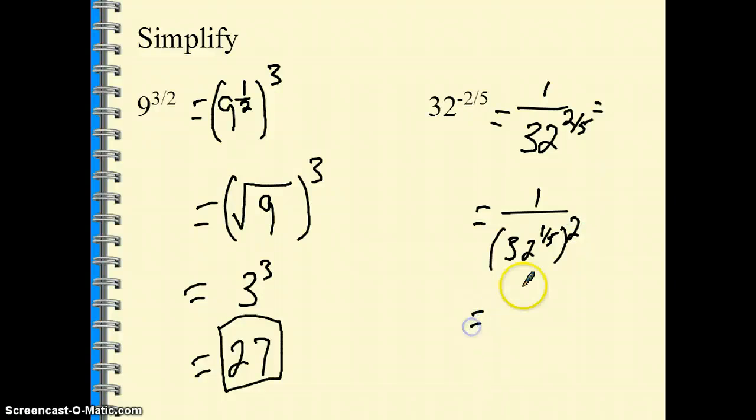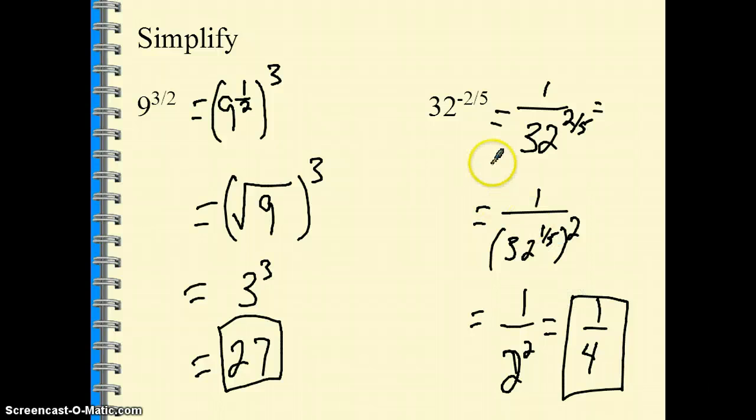Well, we ask ourselves, what's the 5th root of 32, or what number can we raise to the power of 5 and get 32? That's going to be 2. So 1 over 2 squared, sorry, my pen's acting up, 1 over 2 squared is equal to 1/4. So 32 raised to the negative 2/5 is equal to 1/4.